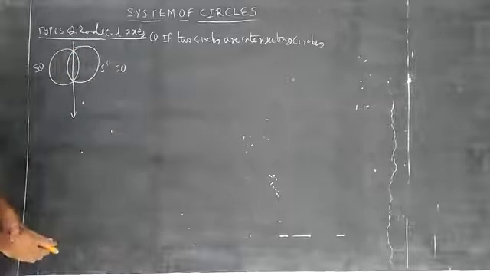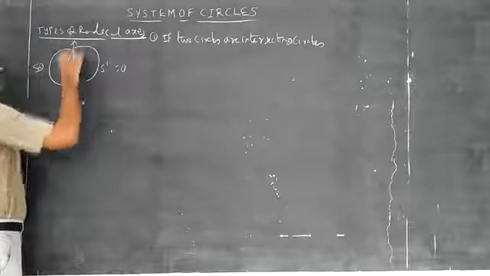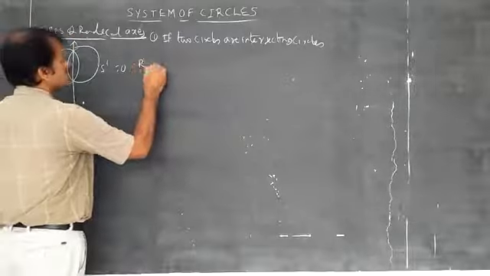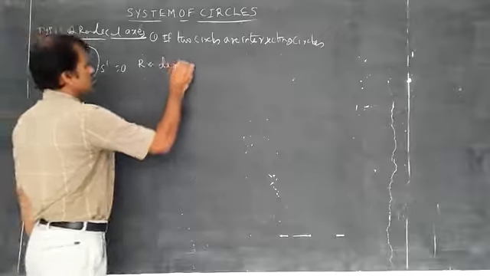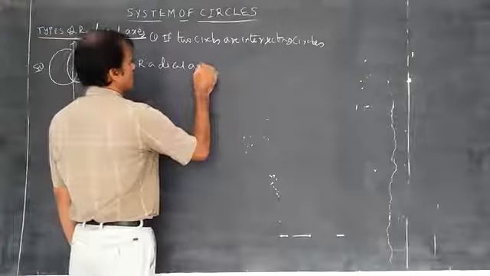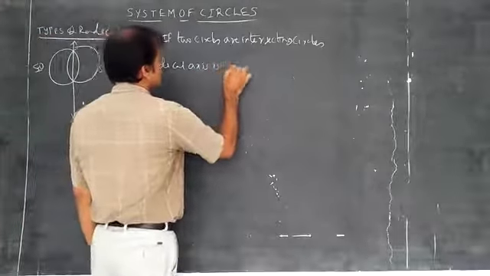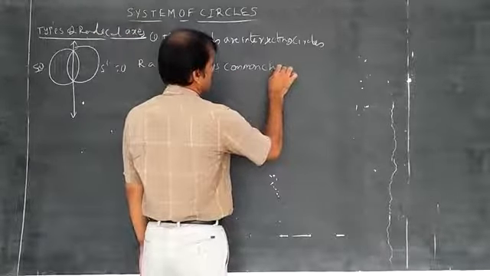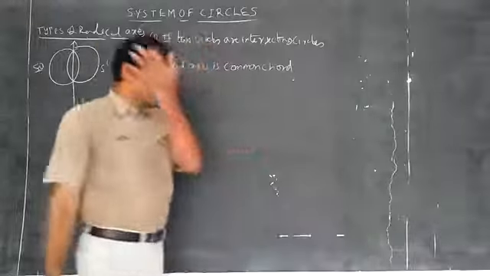We said that the locus of points whose powers with respect to the two circles are equal is the radical axis. So the radical axis is the common chord.